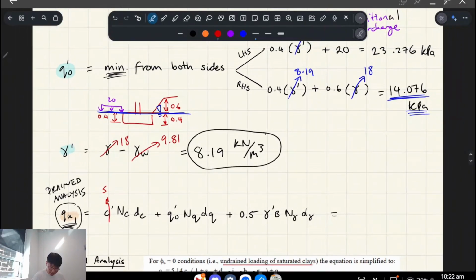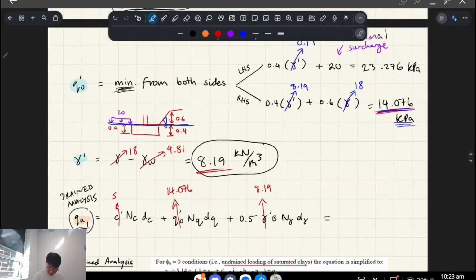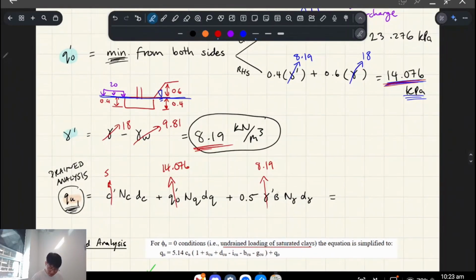We just calculated QO, right? QO is 14.076. The effective unit weight, because this has a dash here, is 8.19. So that was from here. Okay. The width is 1.5 meters.